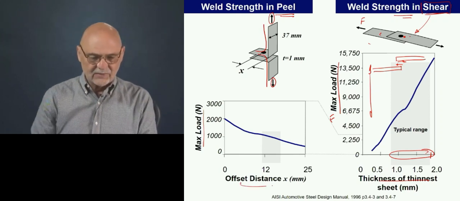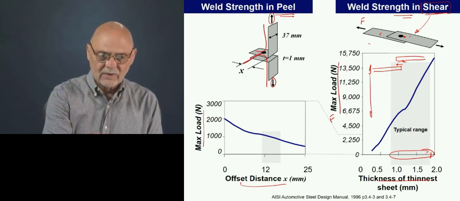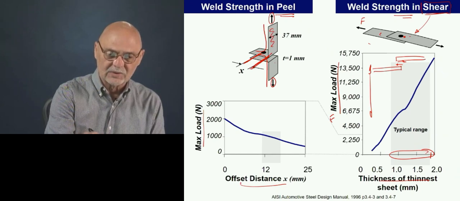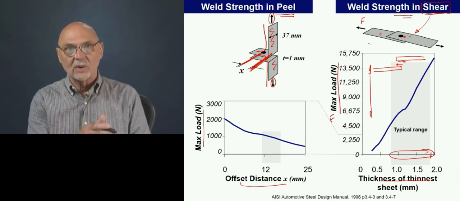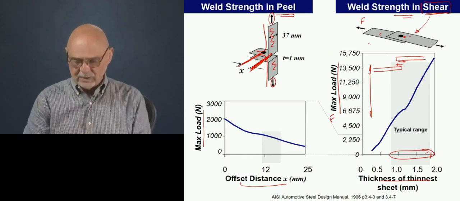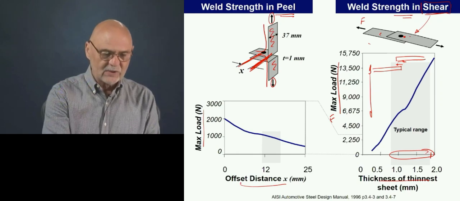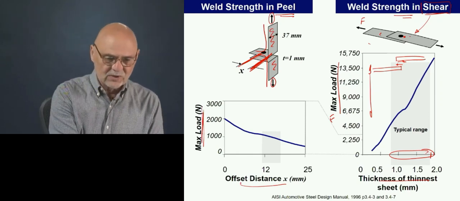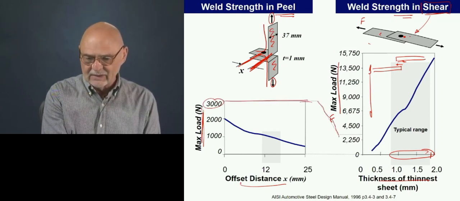The x-axis is a different variable. It's the offset distance: how far are we from where we're applying the loads, this surface right here, to where the spot welds are. As you can imagine, the farther away we are, the more we're getting this peel effect. But one of the things I wanted to note is the difference in the magnitude of the variables. So this is 300 newtons. That would correspond way down here on this chart.